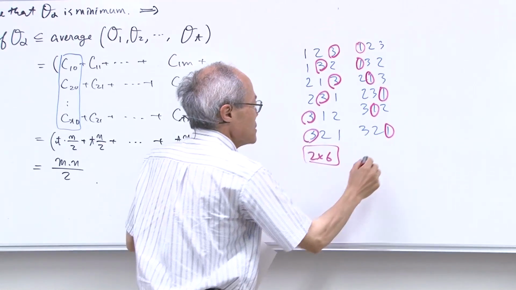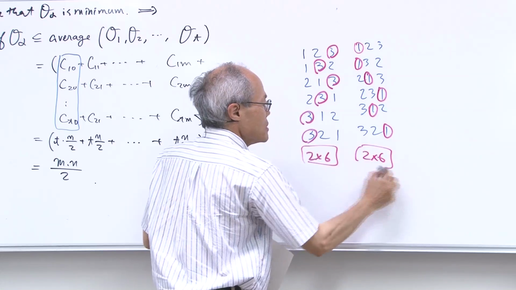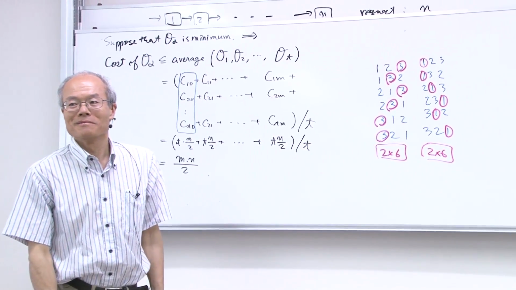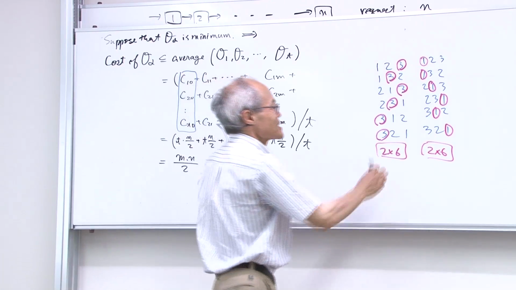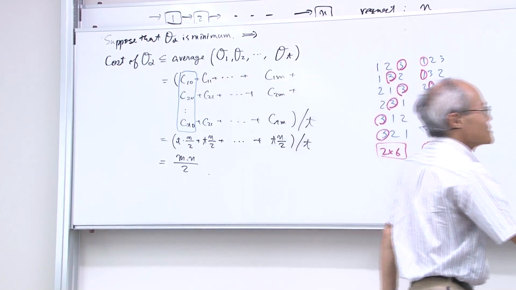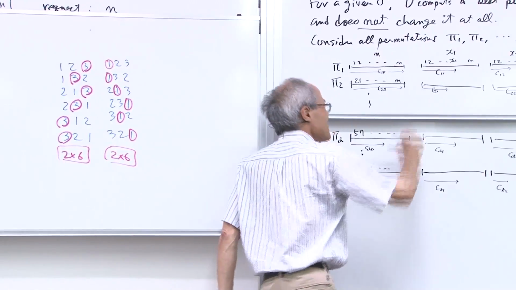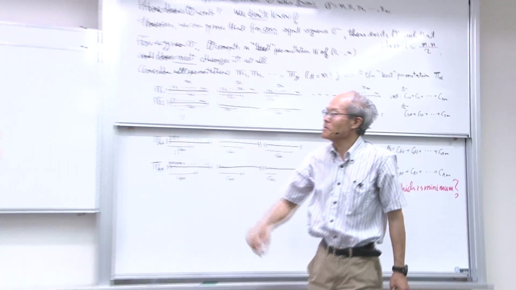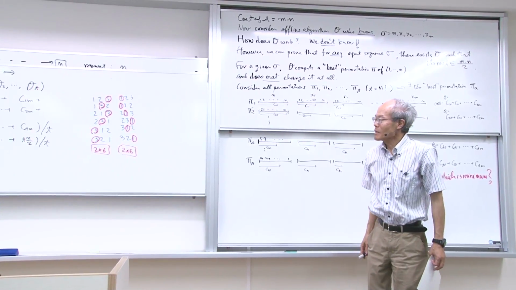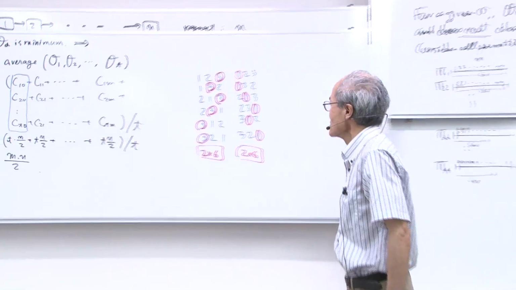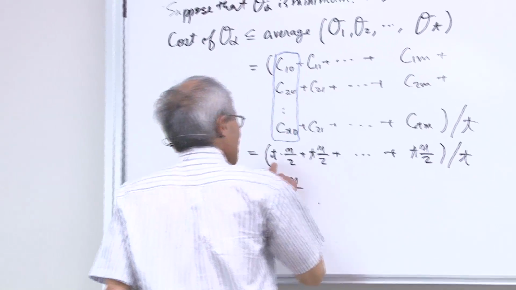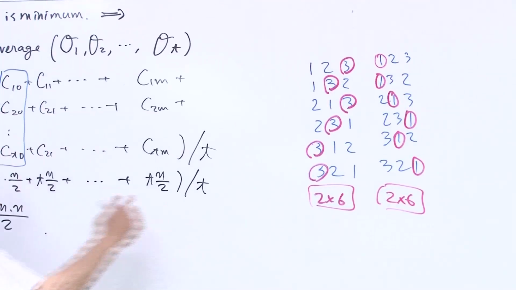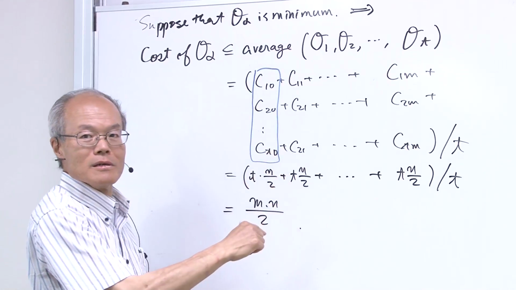Again, the cost is the same. The sum of the cost is all the same, and the value is 2 times t times this value, 6. In this case, t times n over 2.